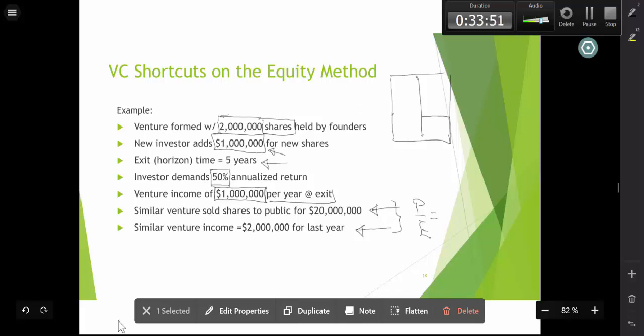So they sold shares for 20 million. So you just assume they sold 100% of equity. Let's just say they did, okay? So it's 20 million P, price, and 2 million earnings, okay? So the venture income, you can interpret that as earnings.